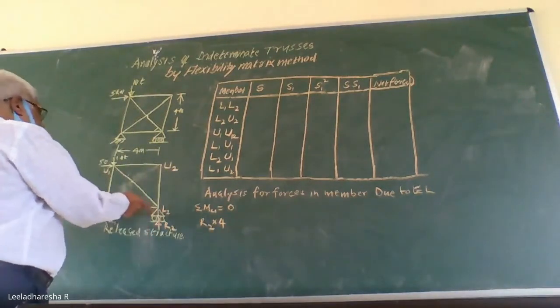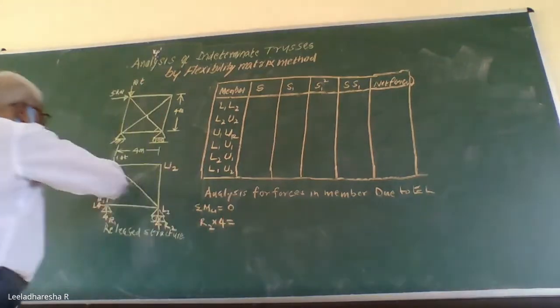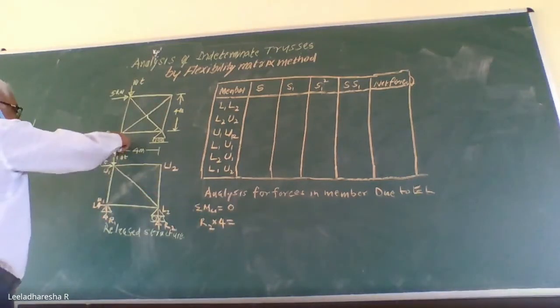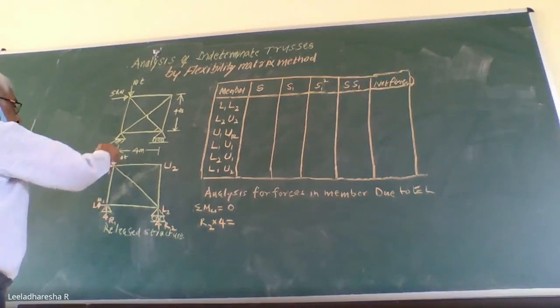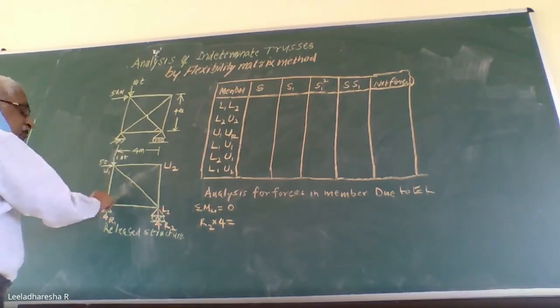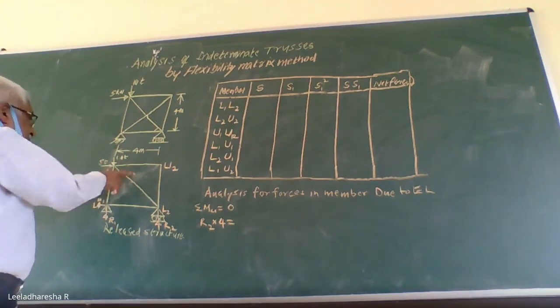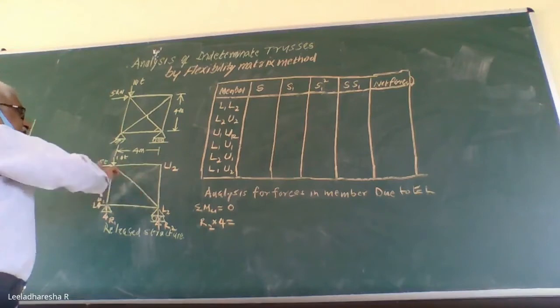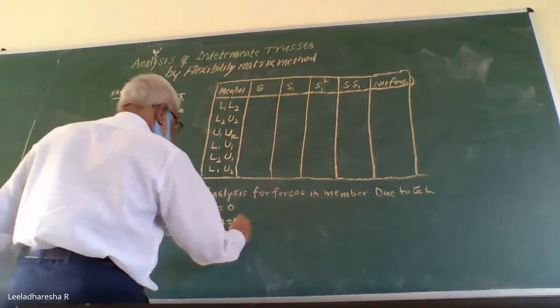R2 into 4 gives the anti-clockwise moment. This must be equal to the clockwise moment. The load, if it acts in the downward direction, also passes through this point L1, therefore 0. But when it acts there, it turns the structure in a clockwise direction. So I take a clockwise moment as positive here.